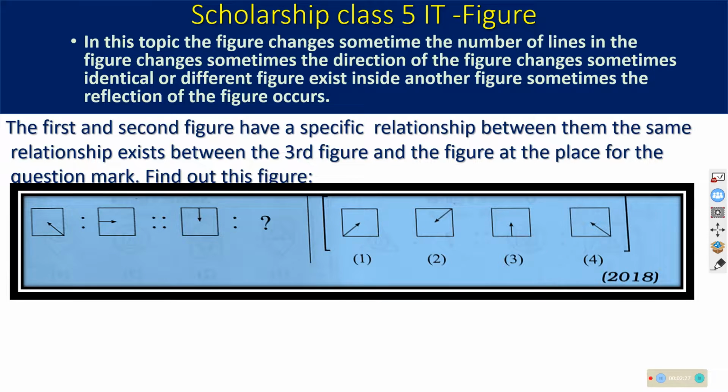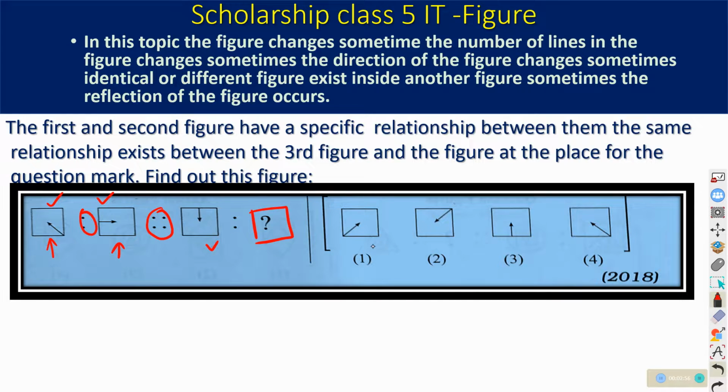Here is a question. You can see a number of figures. There is a certain relationship between the first figure and the second one. There is a colon over here. This figure is related to this, and here a double colon. This figure will be related to the next figure which will come here, the same way the first two are related.